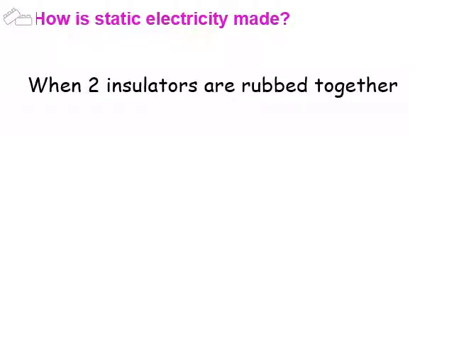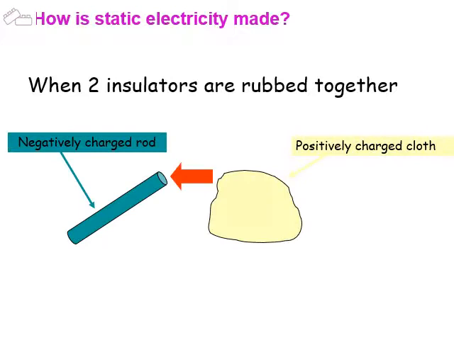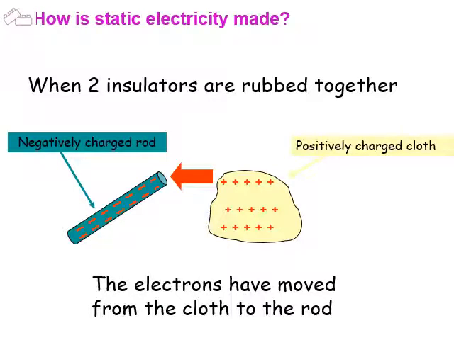So it's when two insulators are rubbed together. We can get a negatively charged rod and a positively charged cloth. If they're rubbed together, the electrons have moved from the cloth to the rod, and that's what's made it negative. If this was done with something that isn't an insulator, so we would call that a conductor, something that conducts electricity, we wouldn't get that build-up of electrons because it conducts electricity, okay?